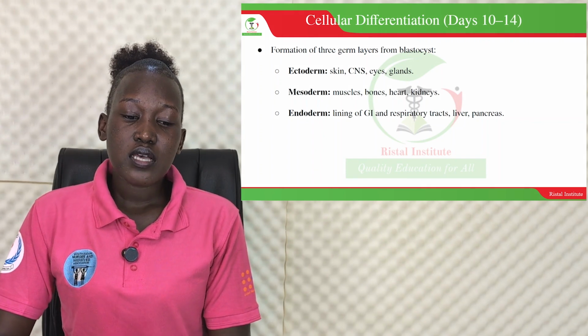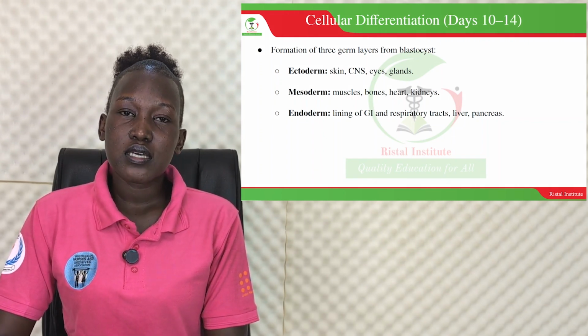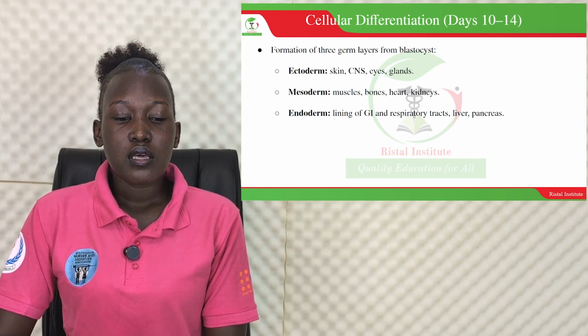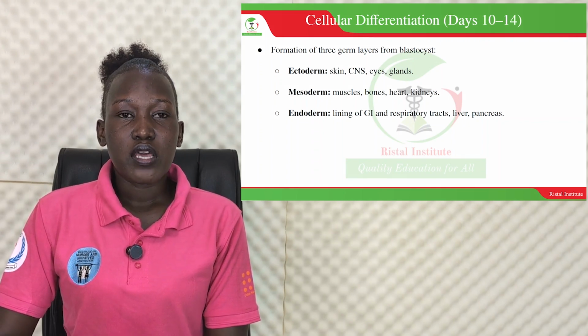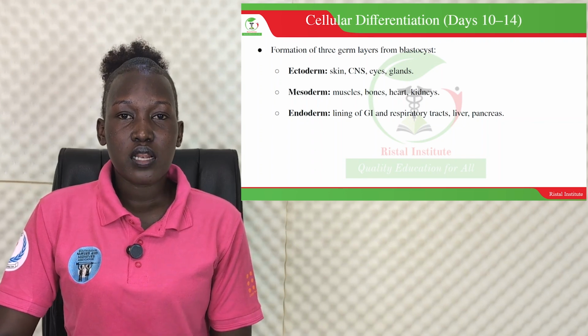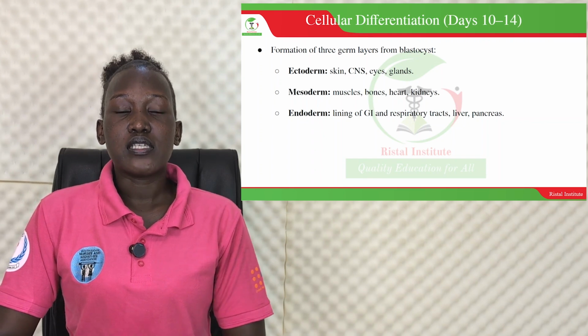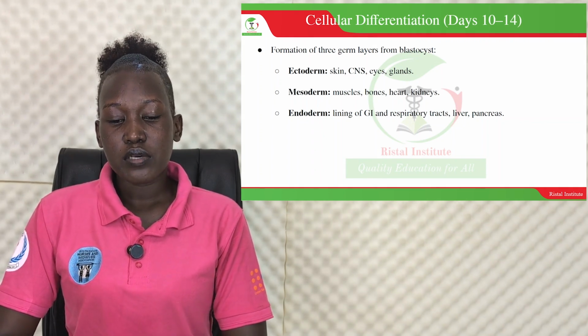So the blastocyst has the ectoderm, which forms the skin, the CNS, the eyes, the glands, and the hair. Then we have the mesoderm, which forms the muscles, the bones, the heart, the kidney. We have the endoderm, which is the innermost layer. It forms the linings of the GIT. Let me say like all the mucosas is formed by the endoderm.